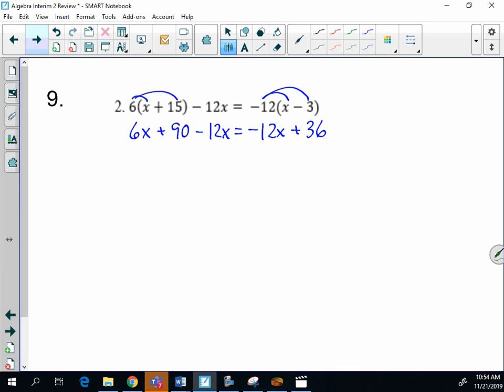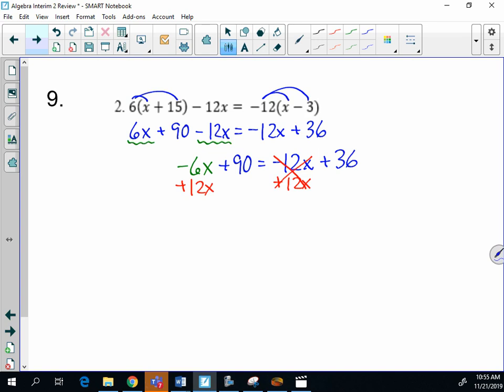On the left side, I have 6x minus 12x, which is negative 6x. The rest of it is plus 90 equals negative 12x plus 36. Let's combine like terms, and I'm going to add 12x. I could also have added 6x. It's up to you which way you want to go.